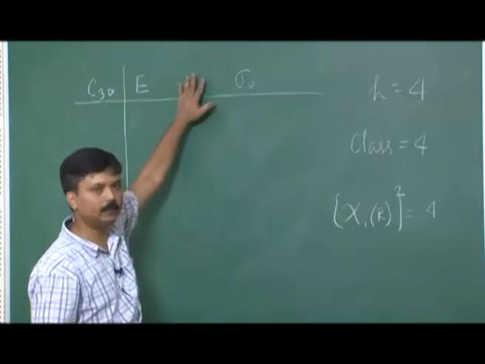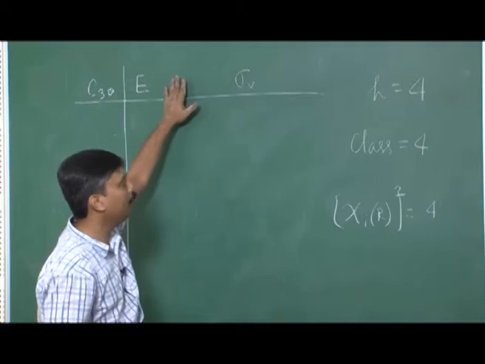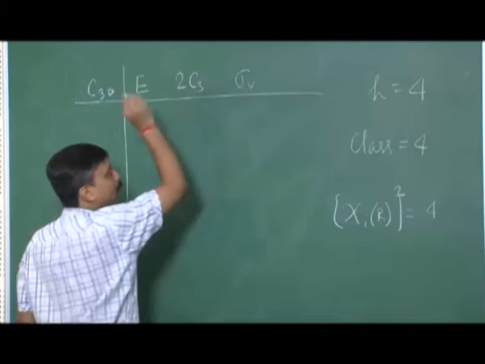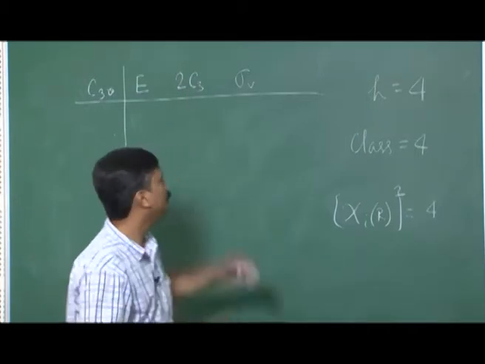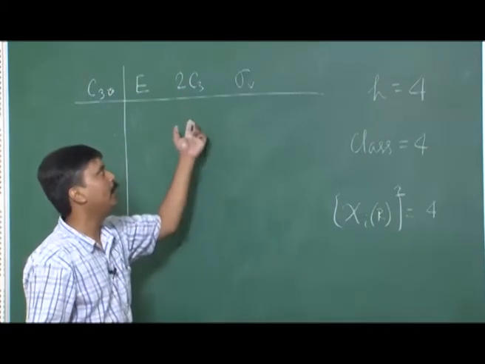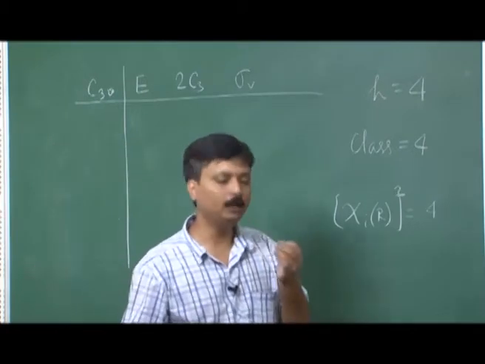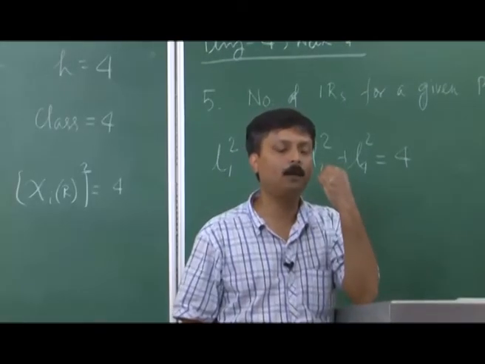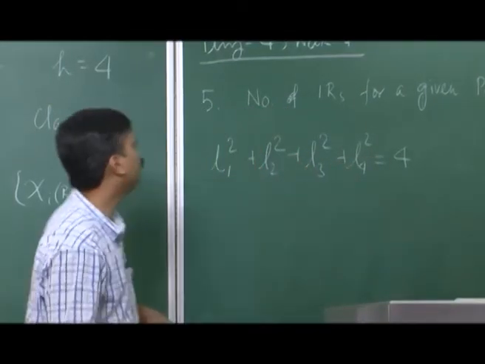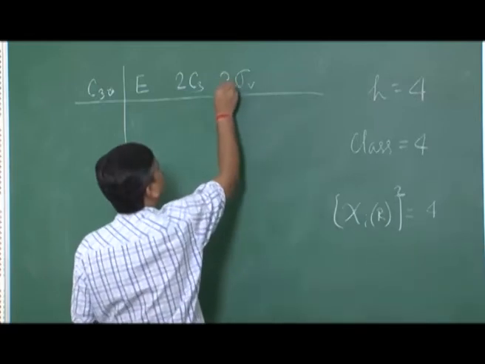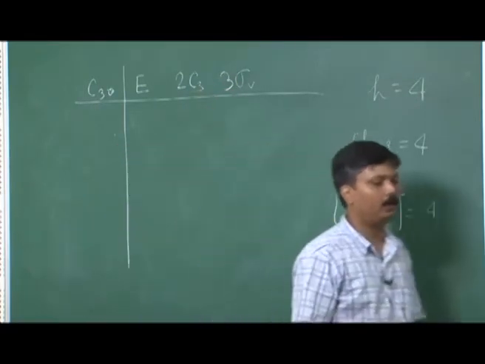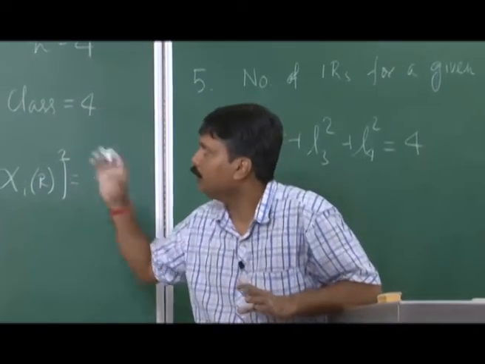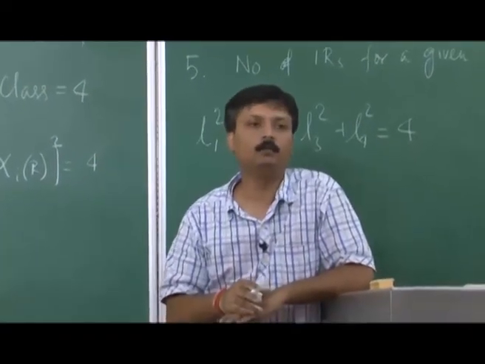So C3 and C3 squared belong to a class. Therefore what we write instead is 2C3, so that I know that there are 2 operations, but both of them have the same character, and the same is true for the sigma V's. 3 sigma V's form a class. So I write in this way, and with this we will start forming the representation.